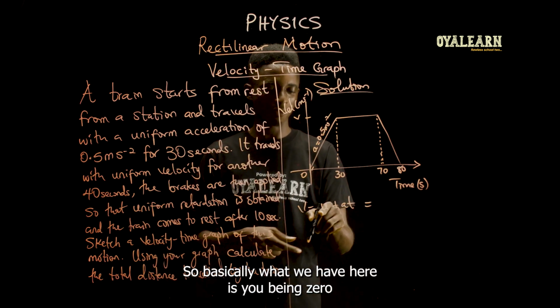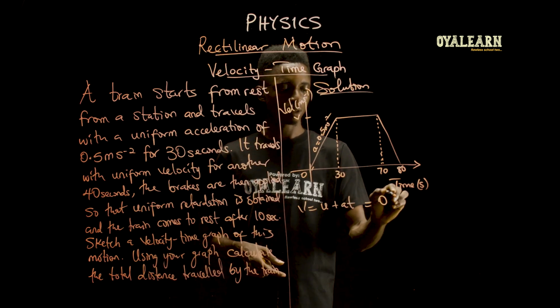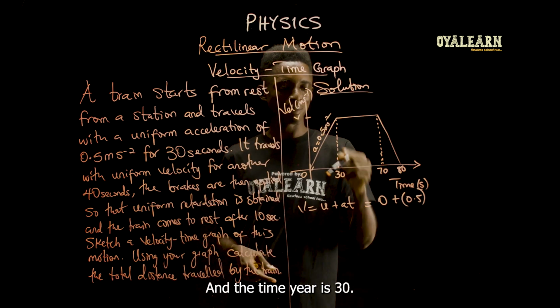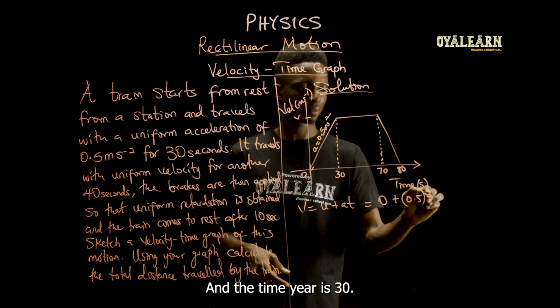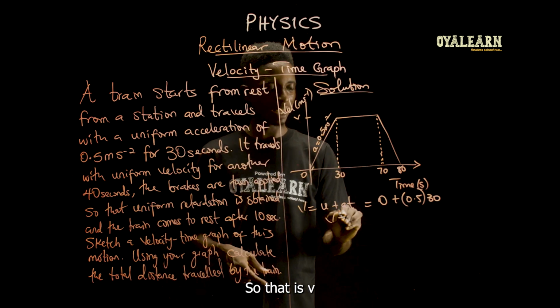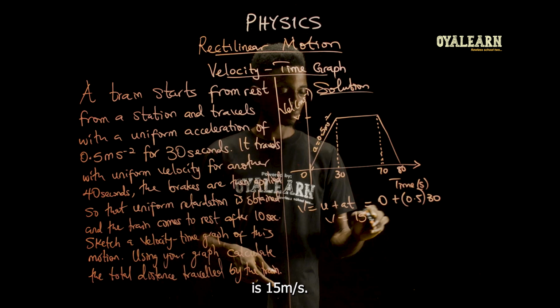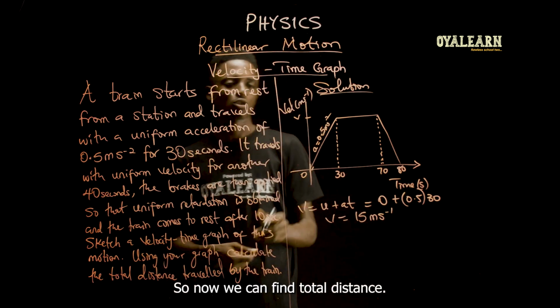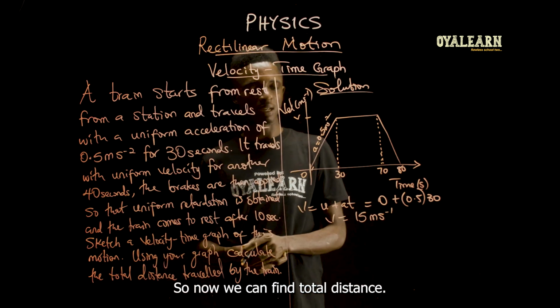So basically what we have here is U being 0 plus acceleration is 0.5 and the time here is 30. So that is V here is 15 meters per second.